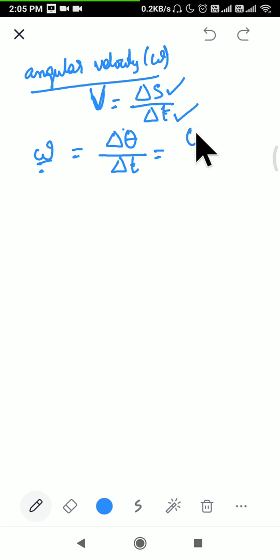So angular velocity is final angular position minus initial angular position divided by the time taken in this change. Whatever time is taken in the process of changing angular position, that is this t.